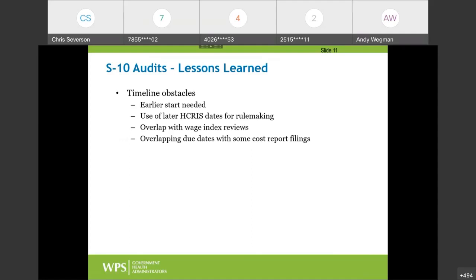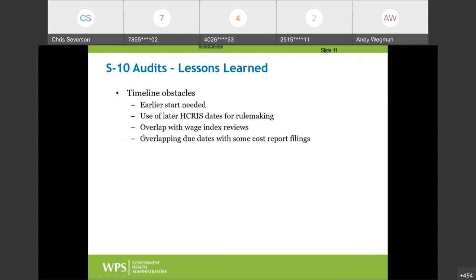If we need to re-HCRIS it and resubmit the data, they have until March to get that good data to begin their final rule. Now, again, that doesn't happen often. Most of the stuff they expect to be done by December. There are just a very few that trickle through that they realize something wrong has been submitted.